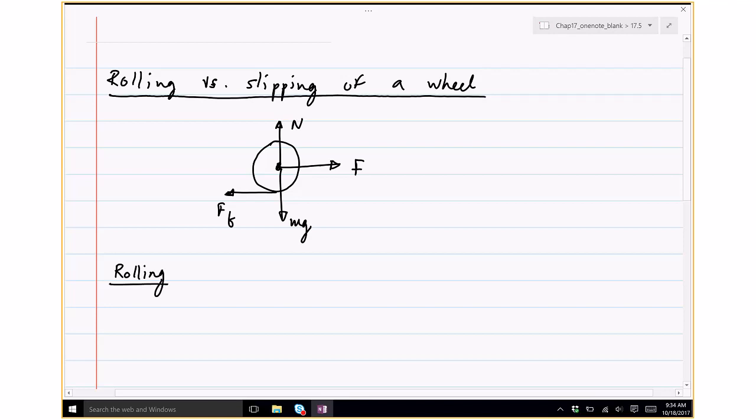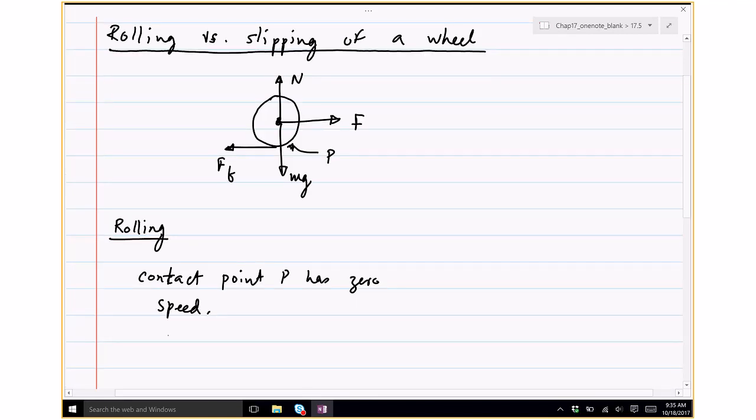Now, depending on the friction force, you can get three cases. Again, this is where it gets complicated. If the wheel is purely rolling, how do you figure out if a wheel is rolling? You'll see that the contact point, I'll call this the contact point P, has a zero speed.